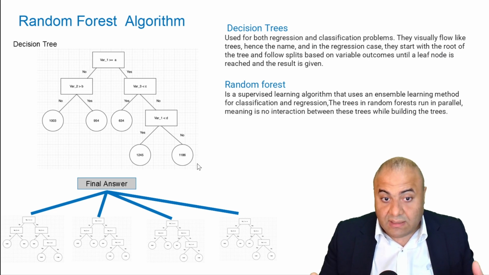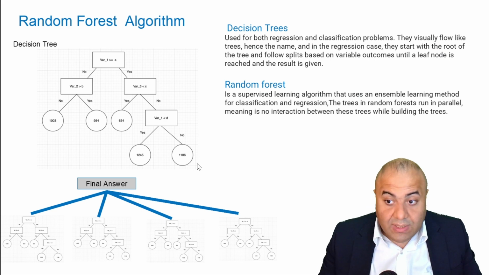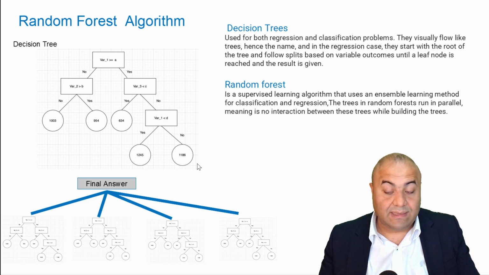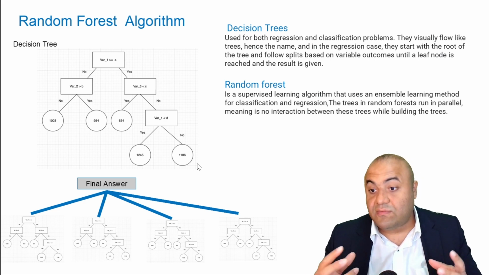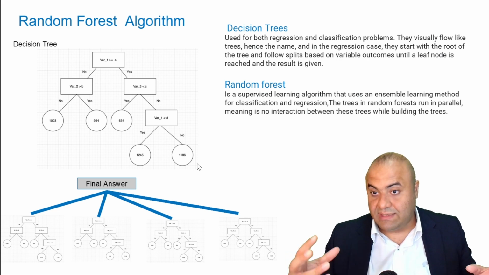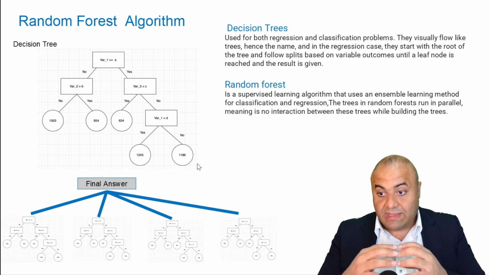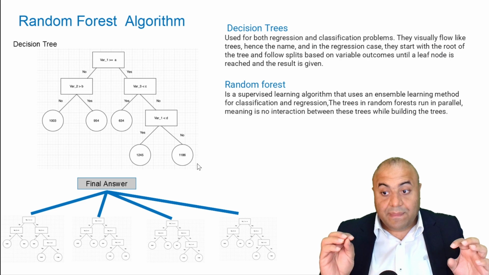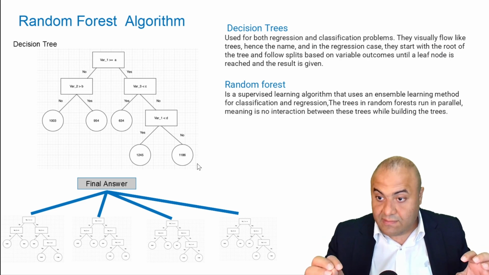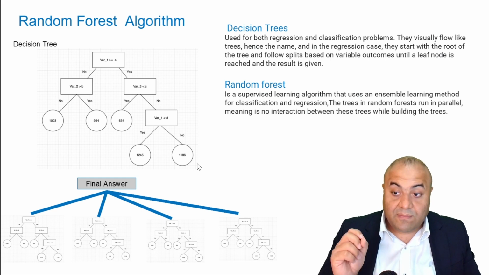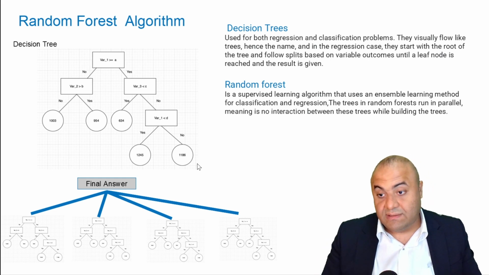Now the problem is, how do you build these trees? Well, to build these trees, we use different features. Not all trees have to be the same. This is why we call it random forest. It's a random set of decision trees, and a group of decision trees we call a forest. So the name came: random forest. These trees are made from different parts of the data, and from different features.